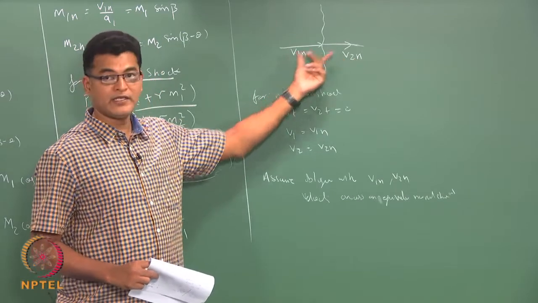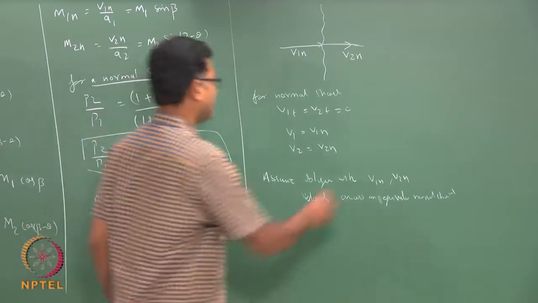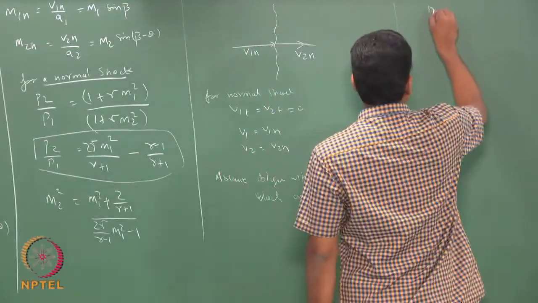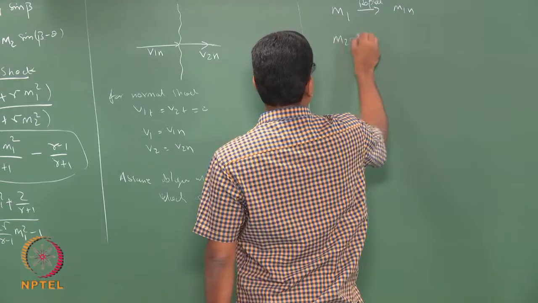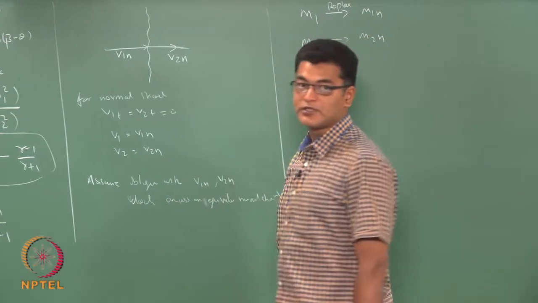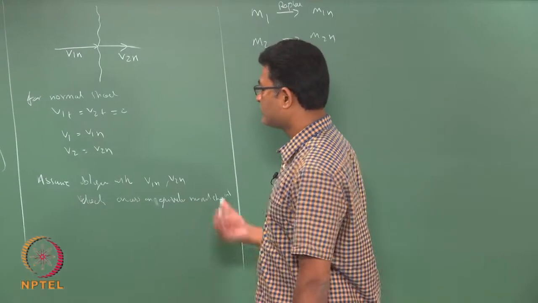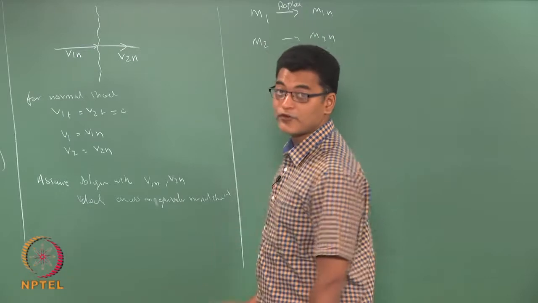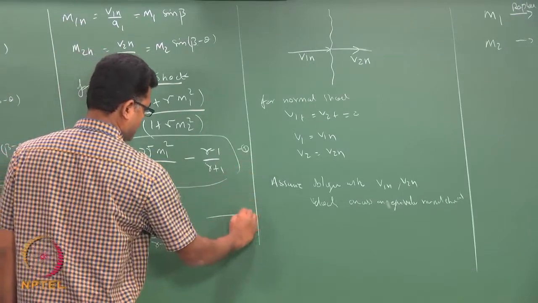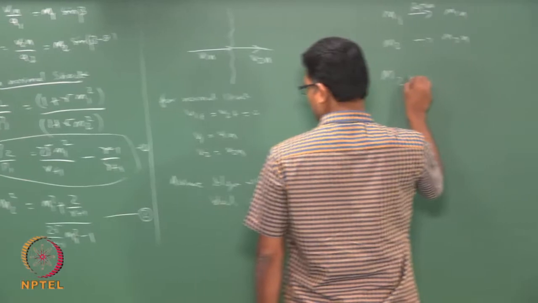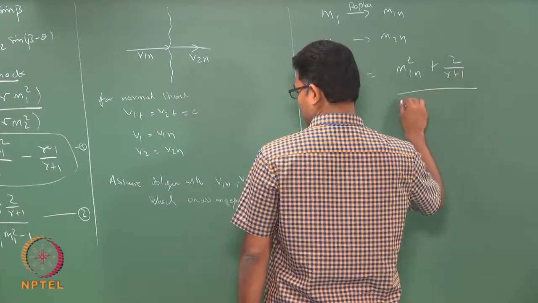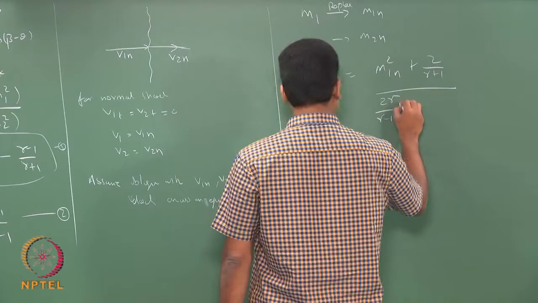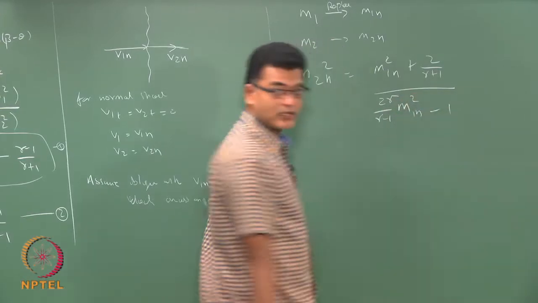So, if I have my M1n, I can get an equivalent relation. So, instead what I would do is replace M1 with M1n, M2 with M2n, and use normal shock relations to get the Mach numbers before and after the shock. So, in this equation, this is 1, this is 2, I can relate M2n squared equals (M1n squared plus 2 by (gamma minus 1)) divided by (2 gamma by (gamma minus 1) M1n squared minus 1).